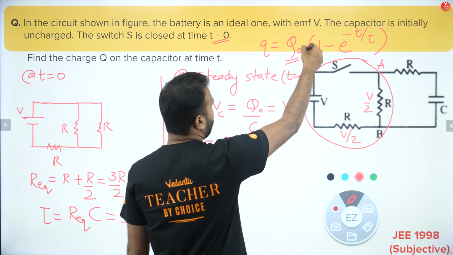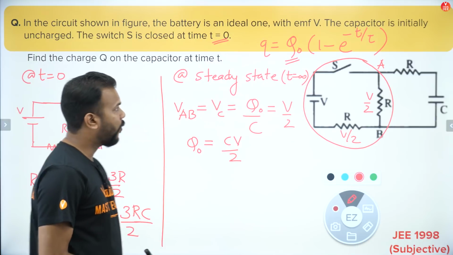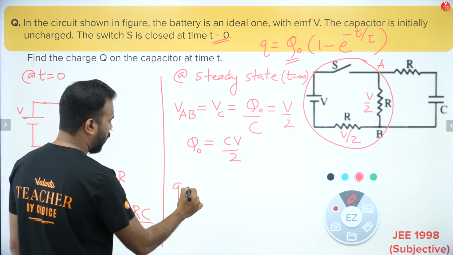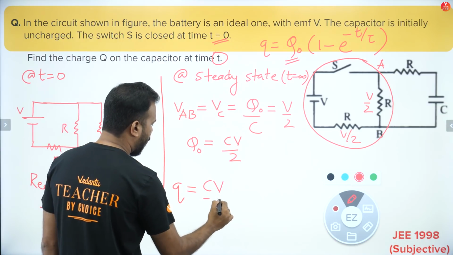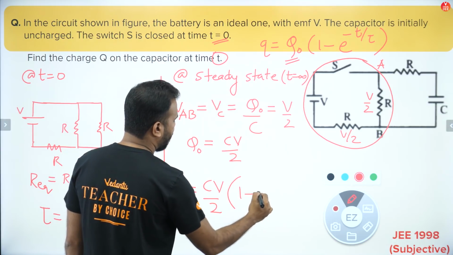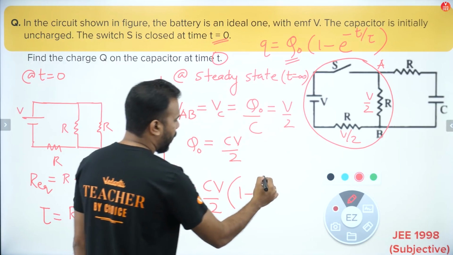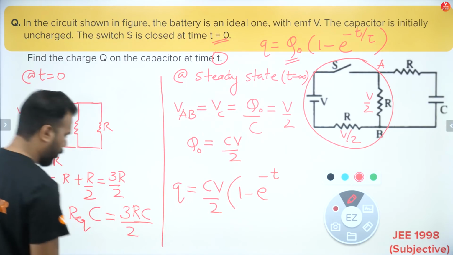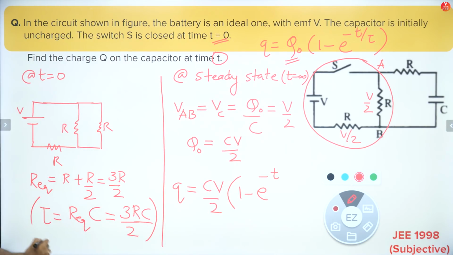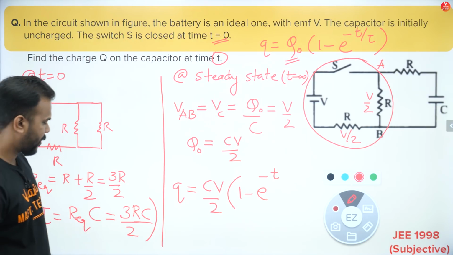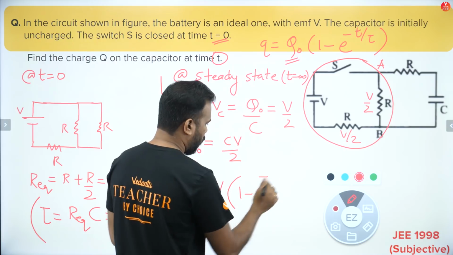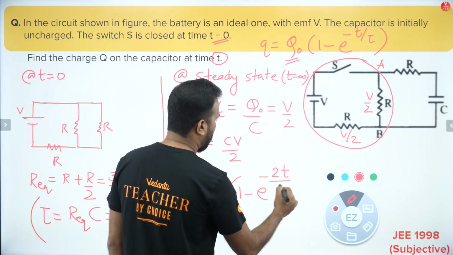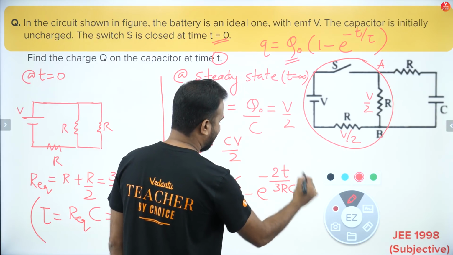Now we have the value of Q naught and we have the value of tau. We can write the expression for the charge after a time interval t as CV by 2 times 1 minus e to the power minus t by tau, and this tau value is 3RC by 2. So 1 upon tau will give you 2t by 3RC.